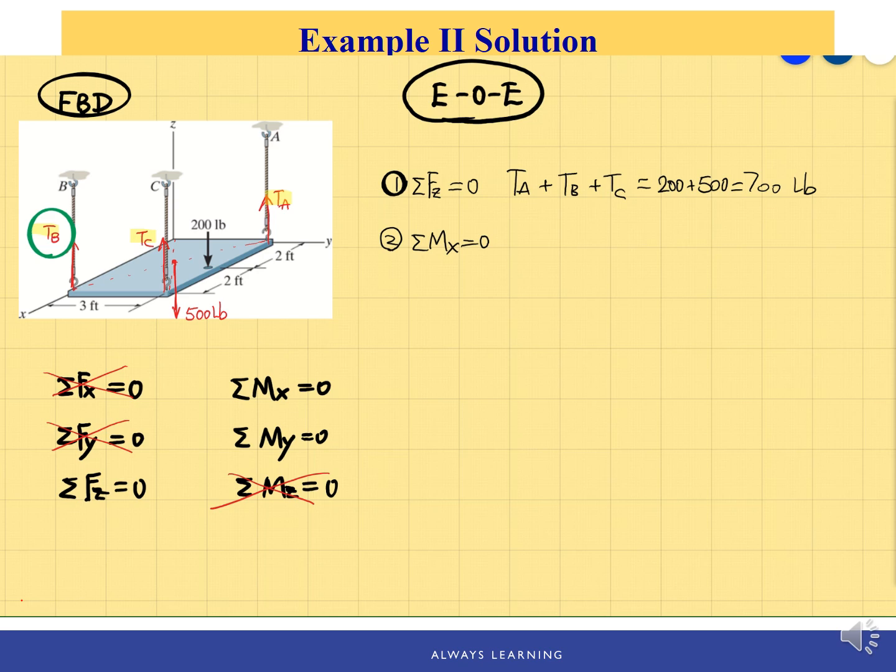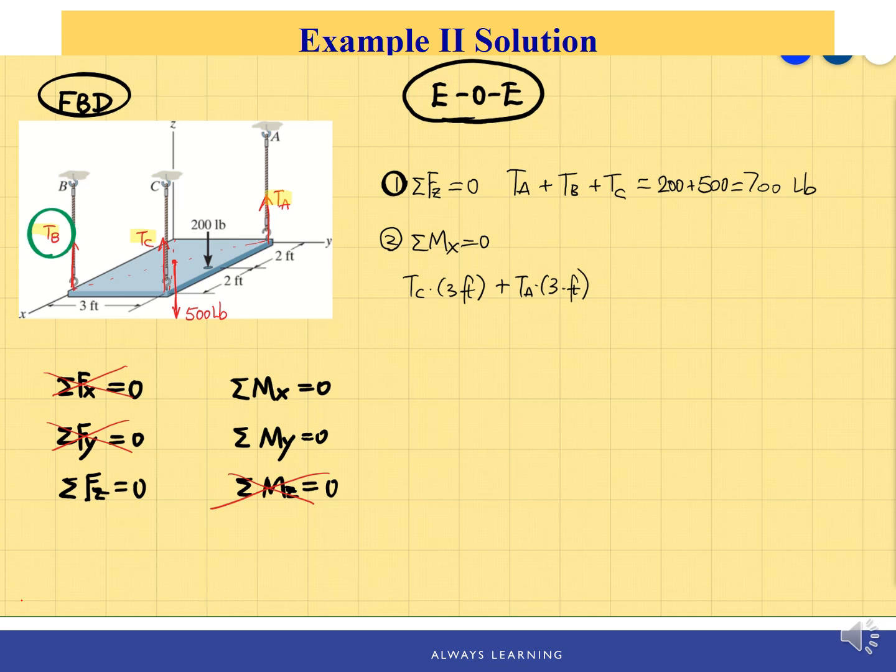First, TC has a moment arm of 3 feet and its positive rotational effect. And TA also is positive and also has the 3 feet. That's the perpendicular distance between the line of action of the force and the x-axis. So that distance is along the y direction.